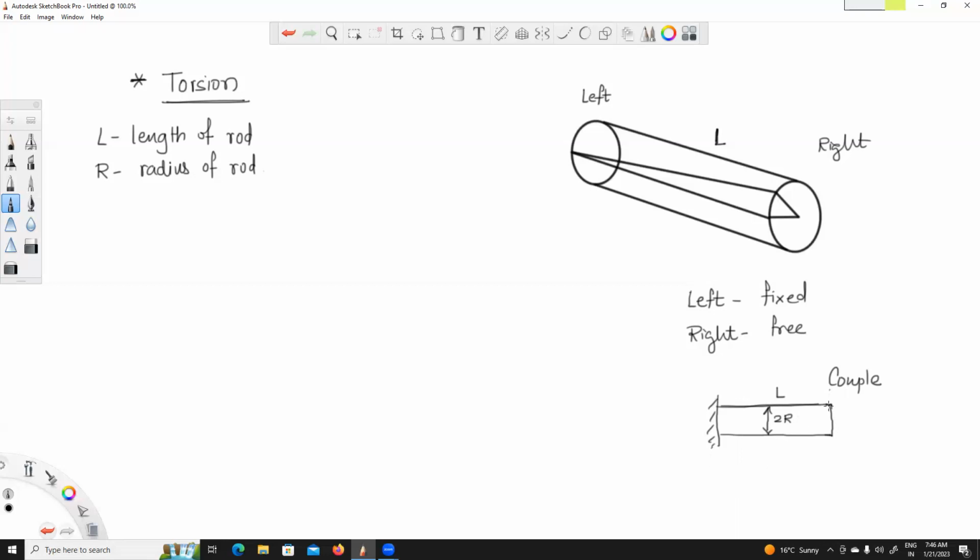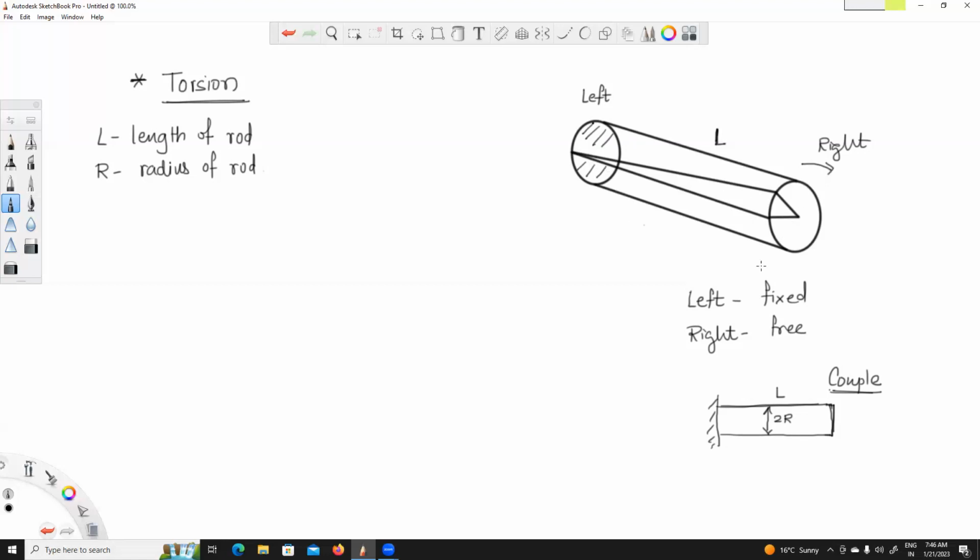So due to transverse load, it will bend. Due to the couple, let's say for example we apply it at the free end, we are basically twisting it. We have fixed this end, so let me draw like this. This end is a fixed end and we are applying a certain couple in this direction, so it is going to twist.